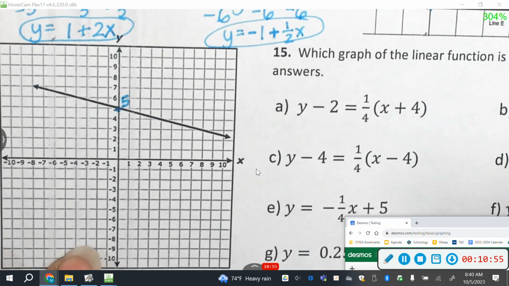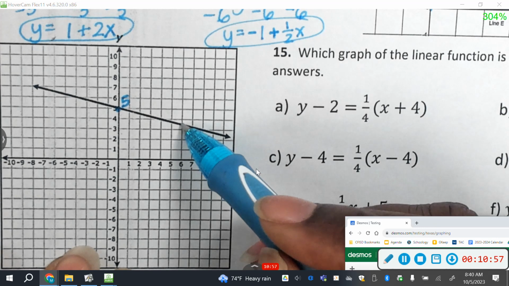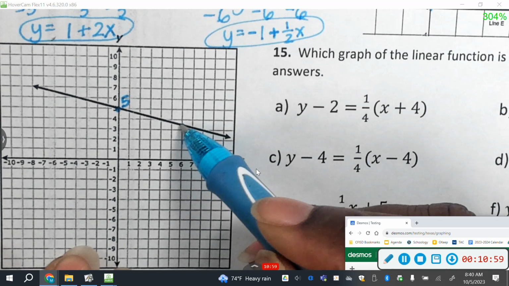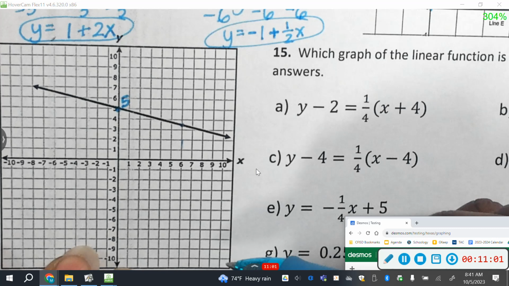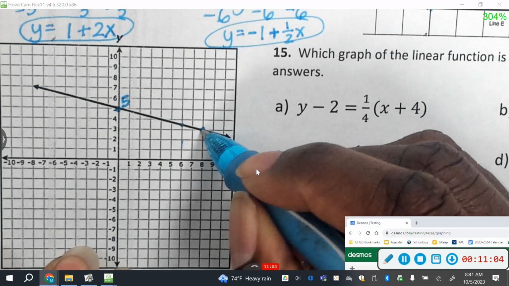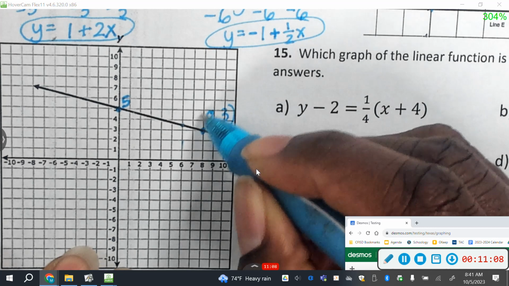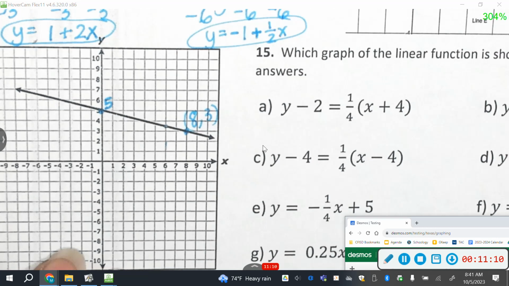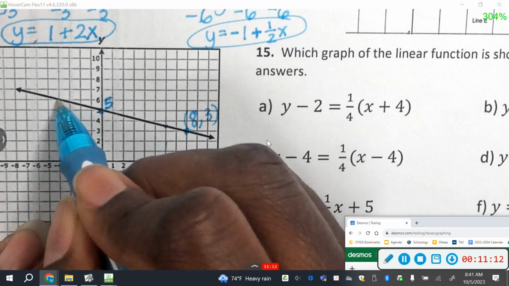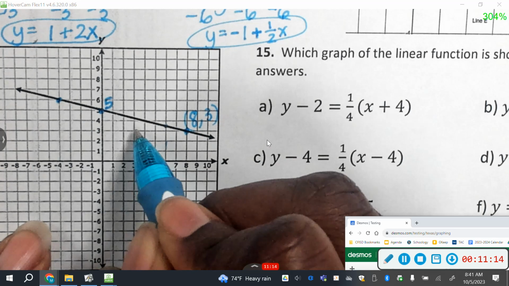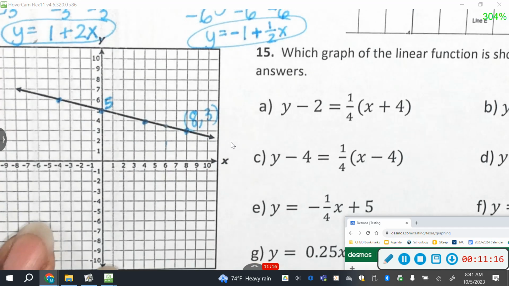Like this is not a perfect point. I know the x is 6, but the y I can't tell. Here's a perfect point. That would be 8, 3. There's lots of perfect points. I see one here. I see one here. So you can use any of those perfect points.